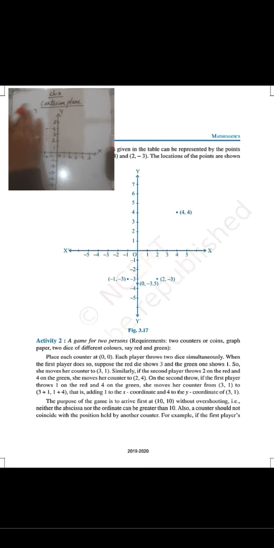The next point is (3, -1). So x equal to 3 is the positive x, and y equal to -1 is in the negative, so this will be the point.